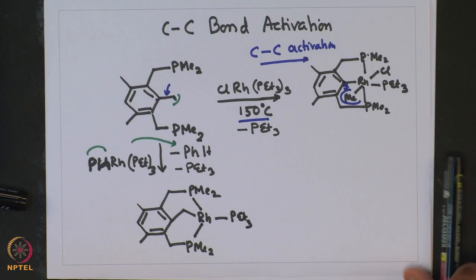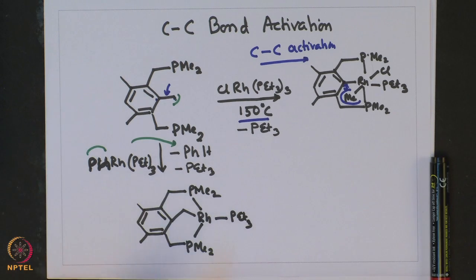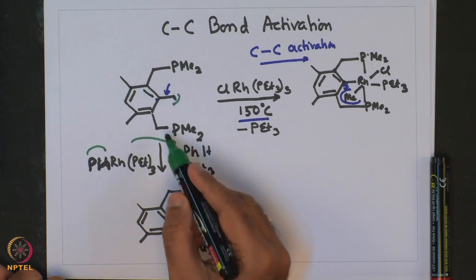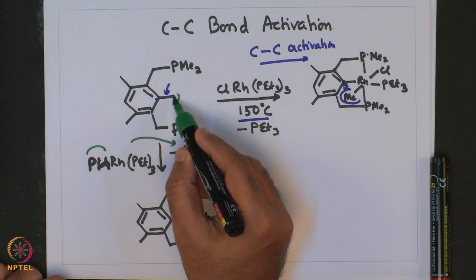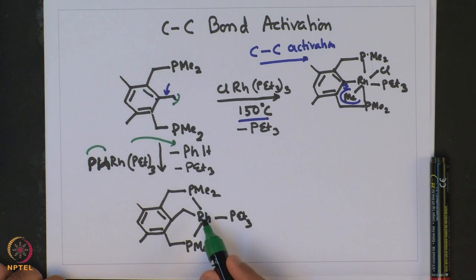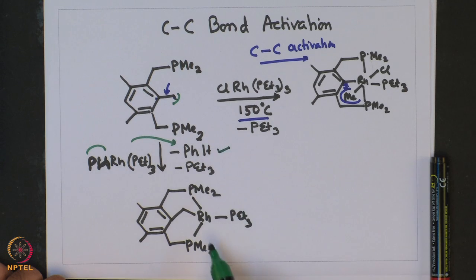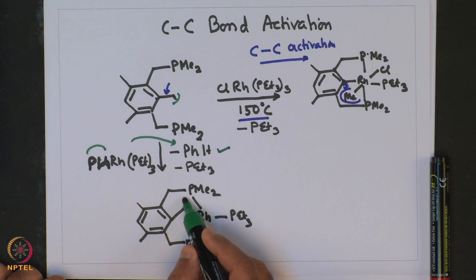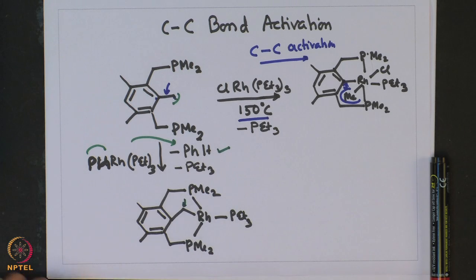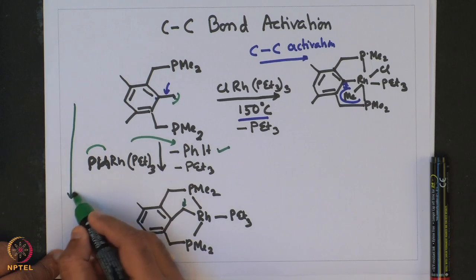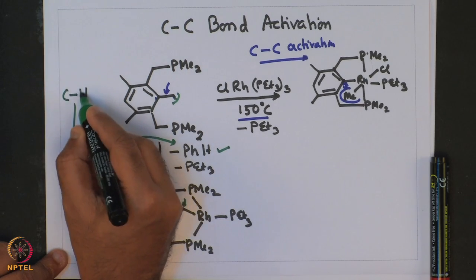So, what one sees over here is that in this case the methyl C-H has undergone activation, resulting in formation of benzene along with this CH2-rhodium bond. So, here is an example of C-H activation.